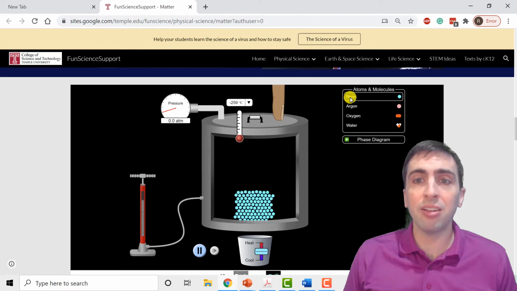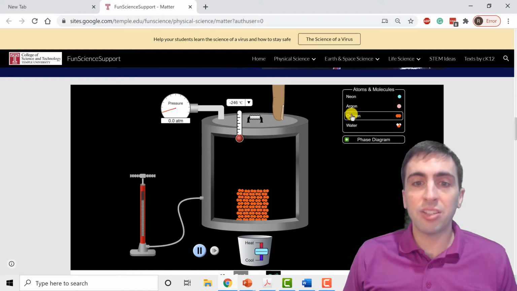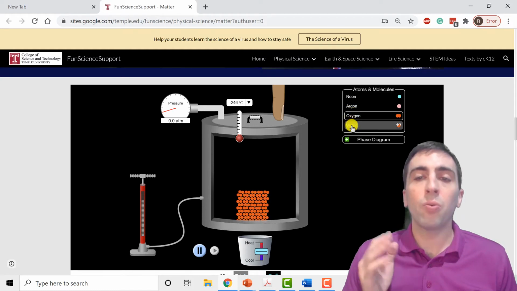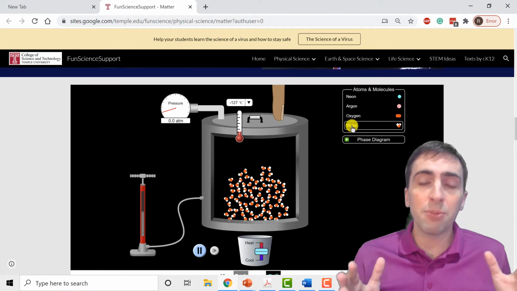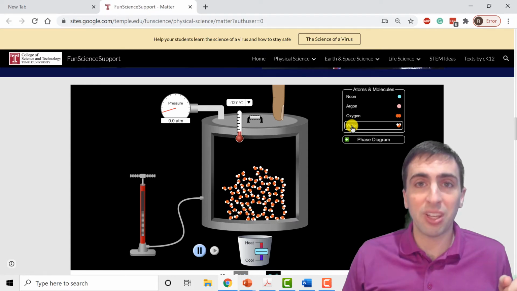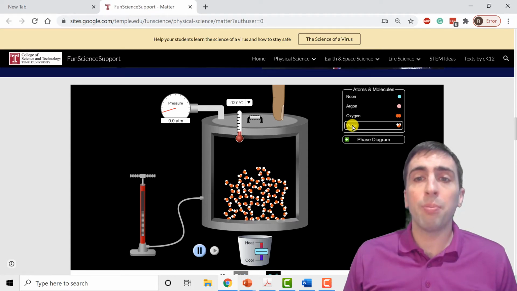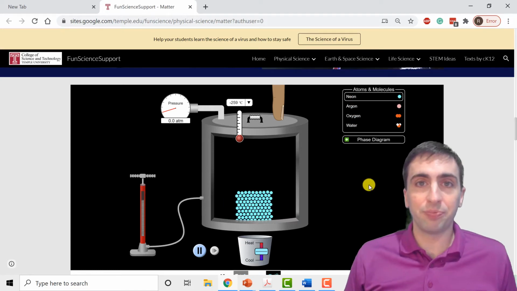We have neon, argon, oxygen, and water. You can choose which substance you would like to play around with when you're doing this at home. But we are going to look at neon.